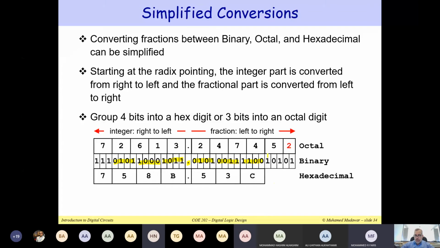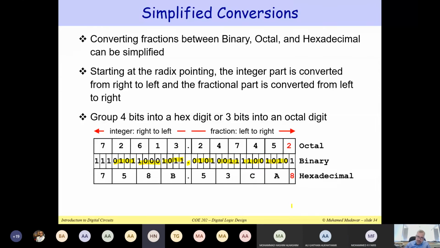How about 1010? A. Now I'm left with just 1, so you can put right side zeros. It will be 8. Yes. So this is actually how I do the conversion. Is this clear?